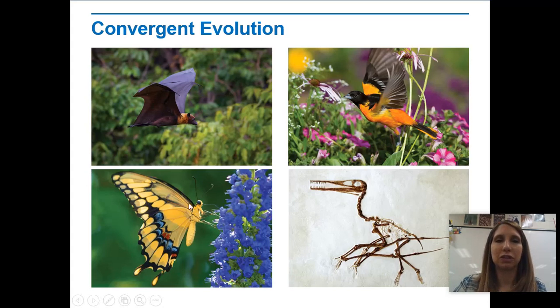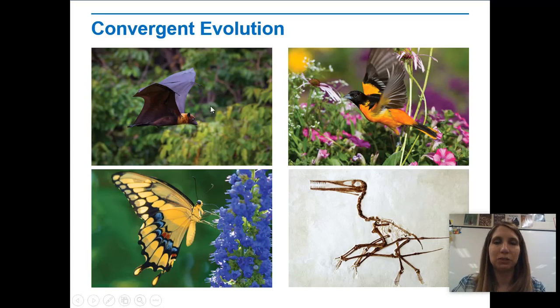So with an analogous structure, like in this example, you can see they're trying to point out wings, okay? So all of these species had developed wings, not because they're all related to each other, but because they all needed to be able to fly, right? It's part of their niche, it's part of their behavior, it's part of their role, it's part of how they survive and obtain food.